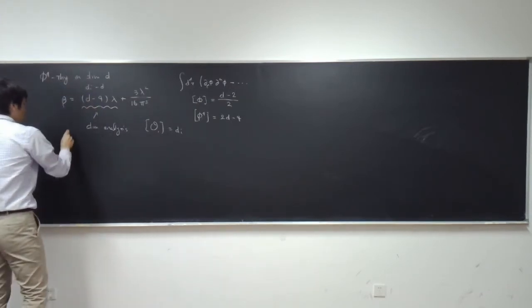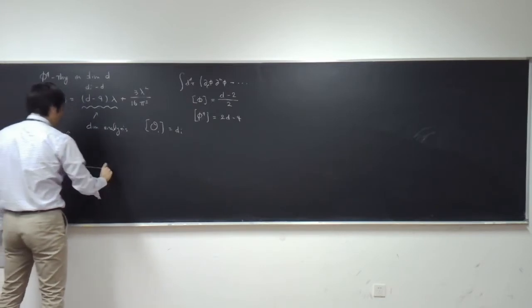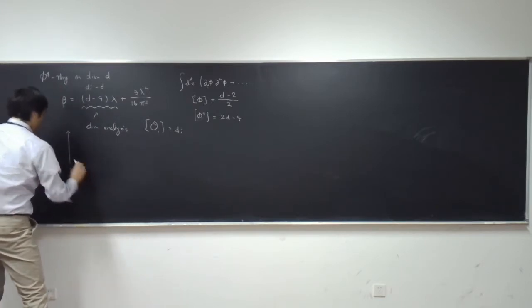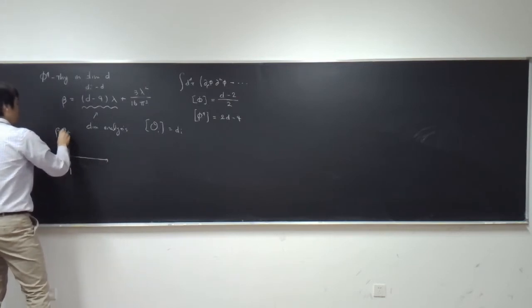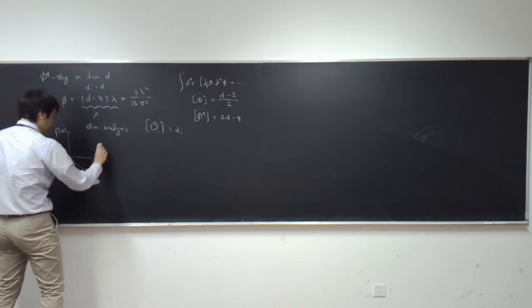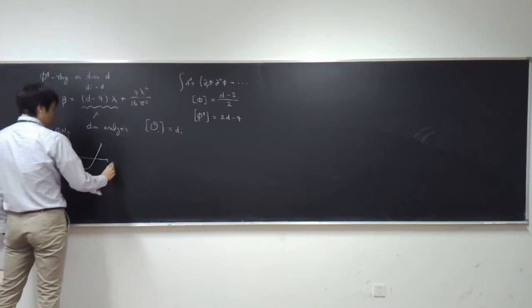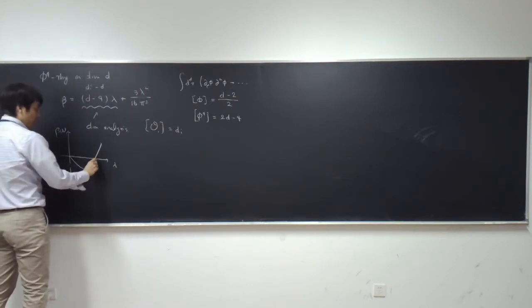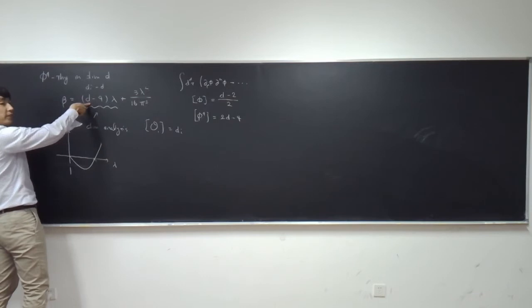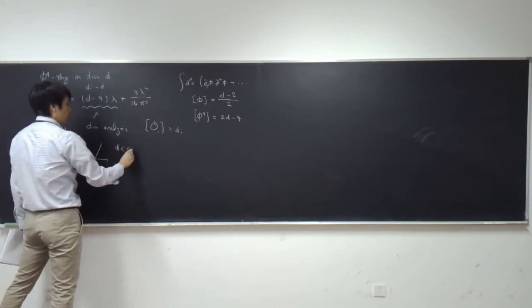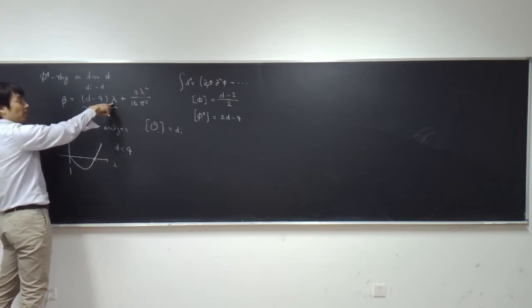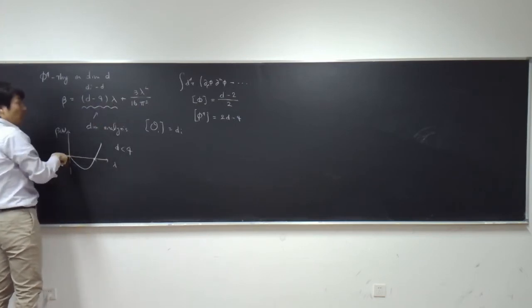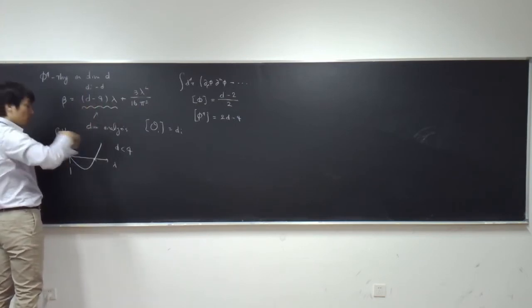From there we find the beta of lambda. When d is less than 4, the first term is negative. If lambda is very small, the leading term is dominant.